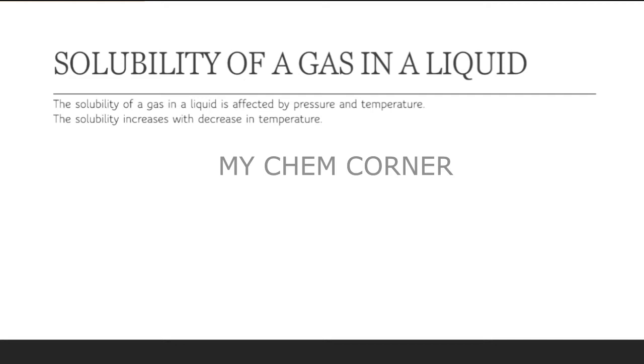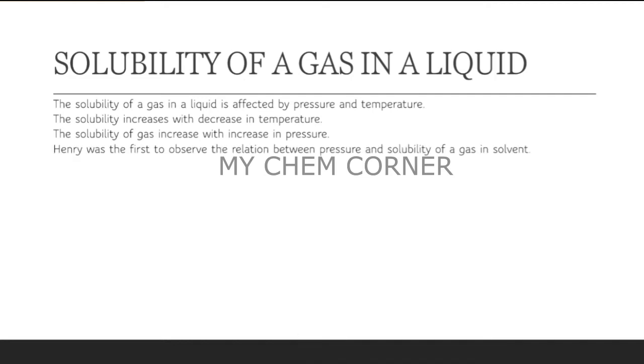Because the gas molecules are already active, they have a very good pressure already. When you decrease the temperature, the solubility is going to increase. But what about with respect to pressure? You need to increase the pressure so that the solubility of the gas will also start increasing. So this is all about change in pressure and temperature with respect to solubility of a gas in a liquid.